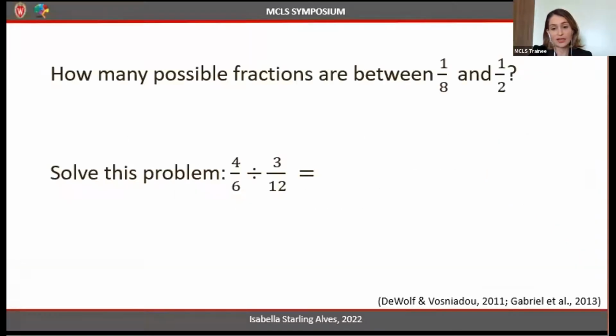Probably I don't need to convince you that fractions are hard. If I ask you to solve these problems on the screen, how many possible fractions are between 1/8 and half, or to solve 4/6 divided by 3/12, maybe for you this would be very easy, but for many children and adults, getting to the correct answers is challenging.